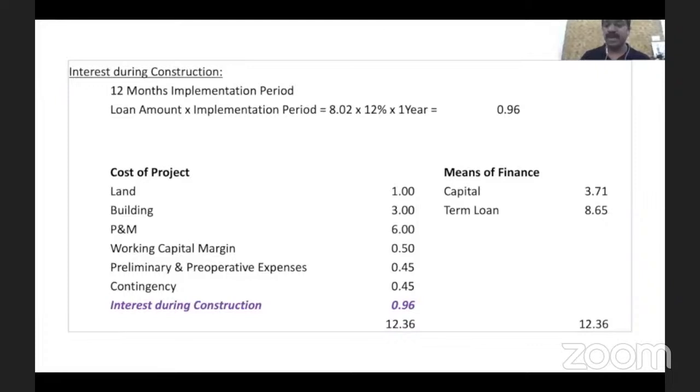So if this is the reality, and as a banker, you are going to say our sanctioning authority's comfort level is only 5 crore, we will give 5 crore, you manage the balance, let's say 7.36 crore. If you are going to structure a term loan in this fashion, then that's the beginning of the end.